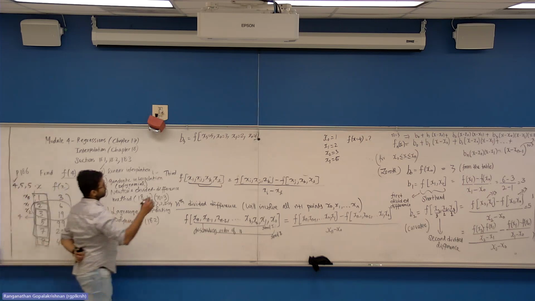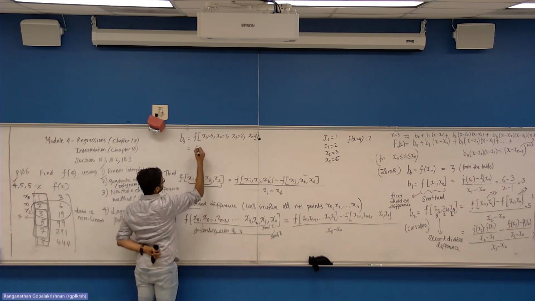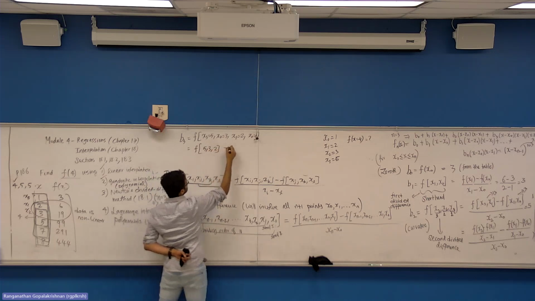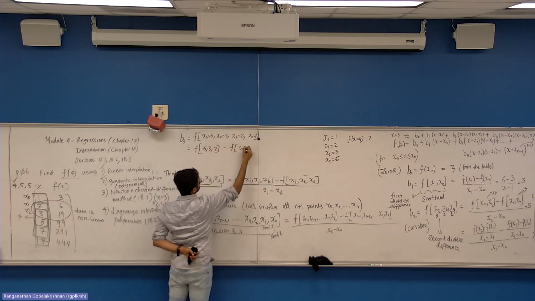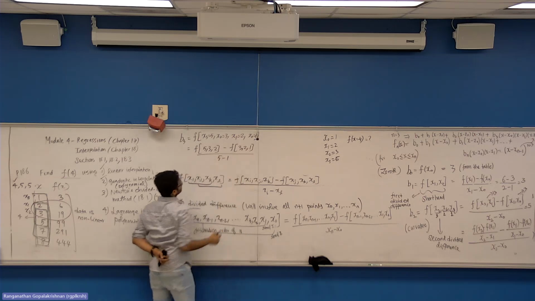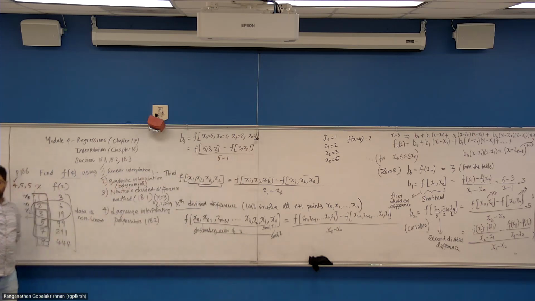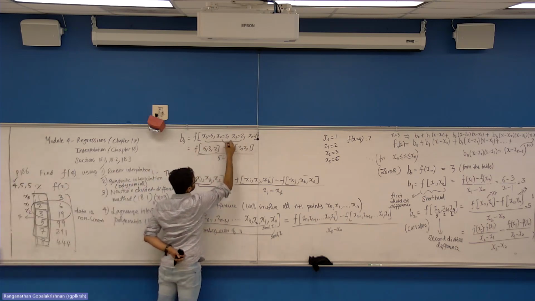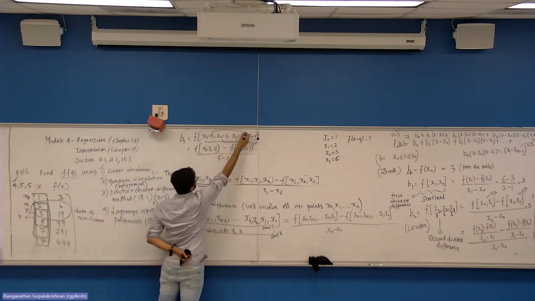This will be f of 5, 3, 2 minus f of 3, 2, 1 divided by 5 minus 1. Take them 3 at a time, divided by the extremity.